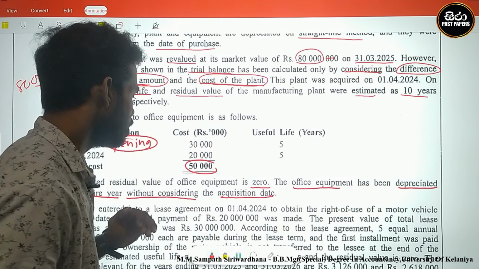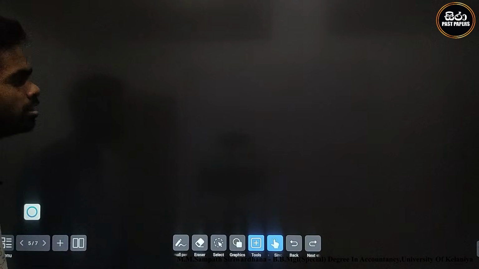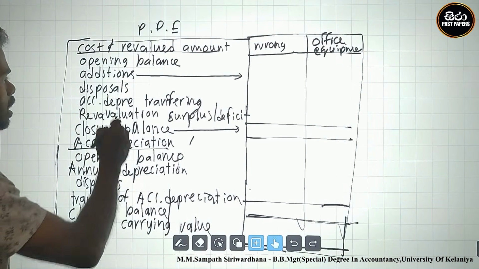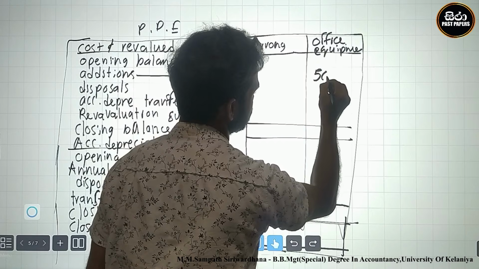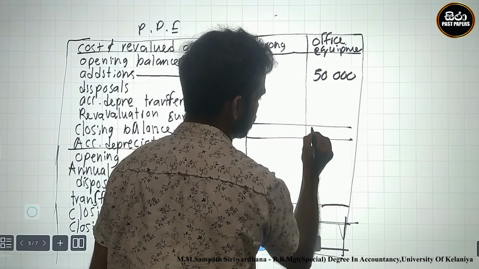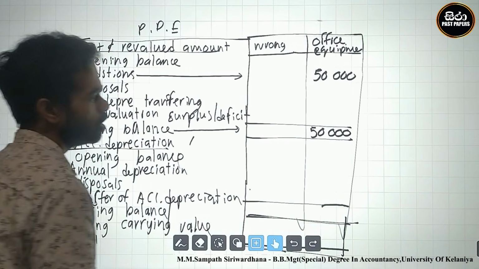Therefore all 50,000 can be identified as acquisitions of equipment. Therefore additions are 50,000, and we can create a closing balance of 50,000.